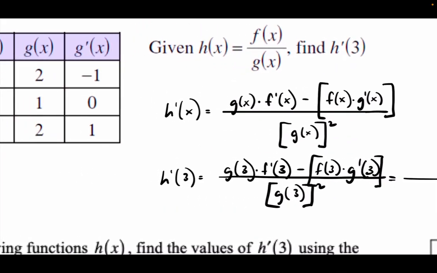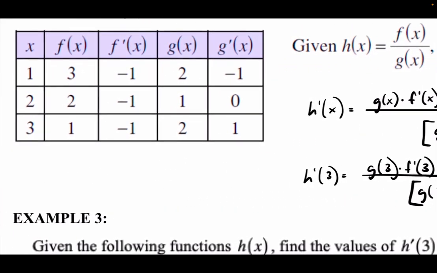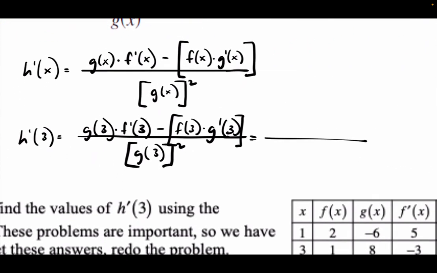So let's see, g of 3, sorry. Everywhere I see a g of 3, it's going to be positive 2. Well, I have a g of 3 at the beginning, and I have a g of 3 at the bottom. So I replace g of 3 with 2.